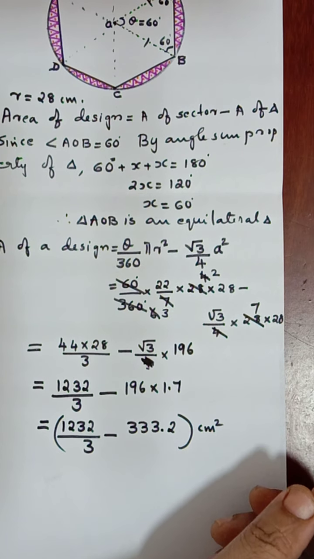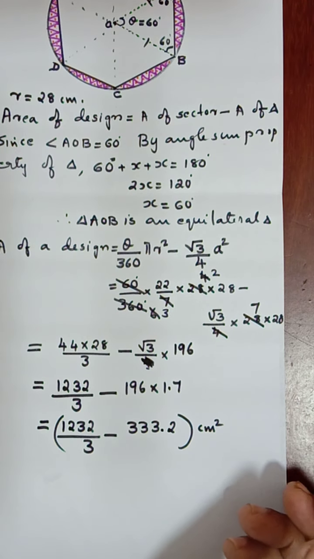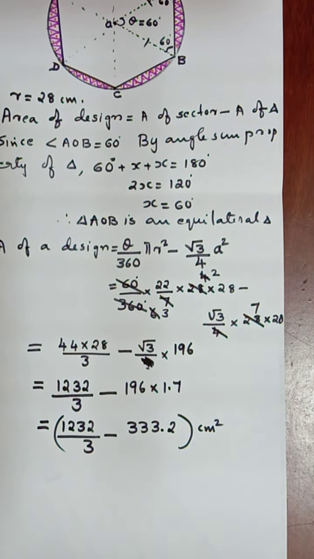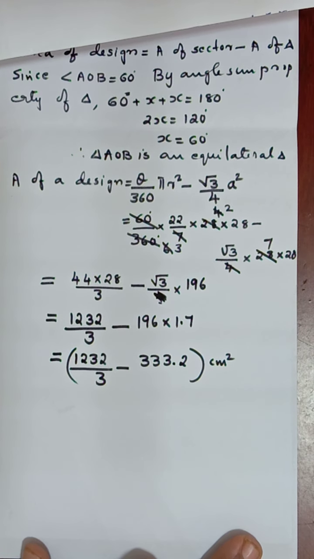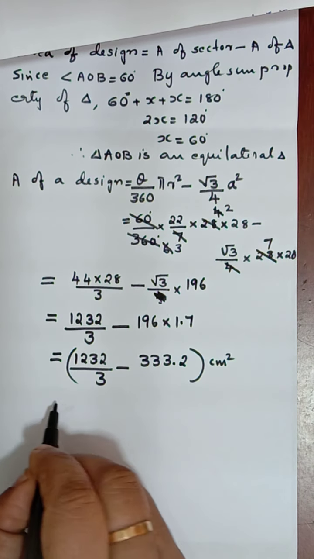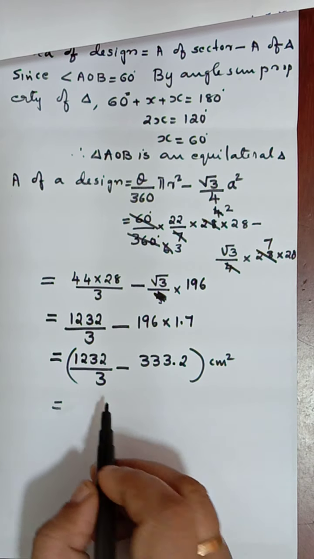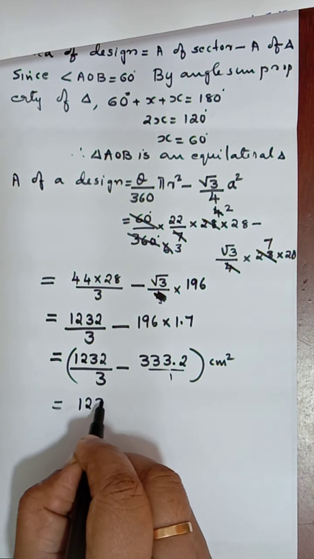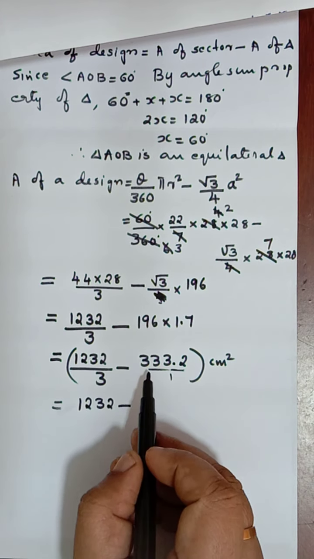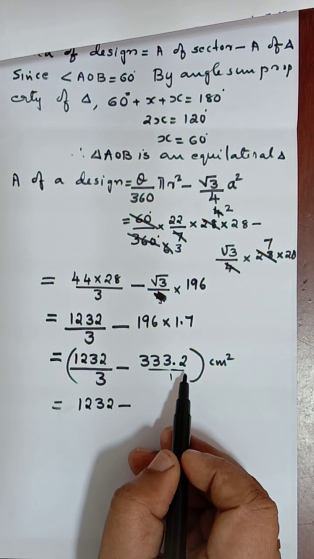Those who are in a position to calculate will be able to calculate and complete it. Otherwise, you can leave the answer like this. Those who want 10% marks, you have to complete it. So how to simplify? Here you have to cross multiply. This is like by 1. Cross multiplication: 1232 minus 333.2 into 3.